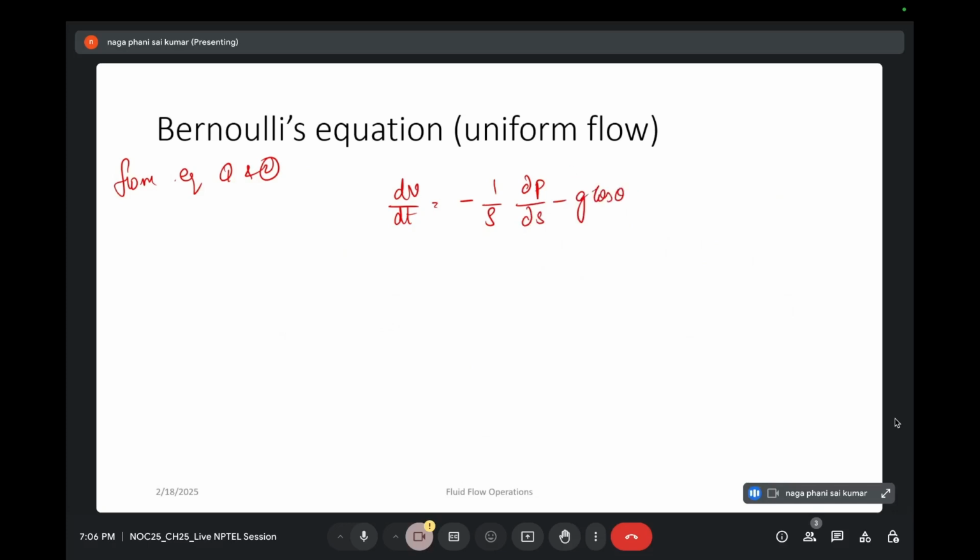Velocity may change with both position and time, right? So in one-dimensional flow, it becomes a function of both distance and time. So v is v of s and t, a function of both position and time. So dv will be equal to dou v by dou t into dt plus dou v by dou s into ds.